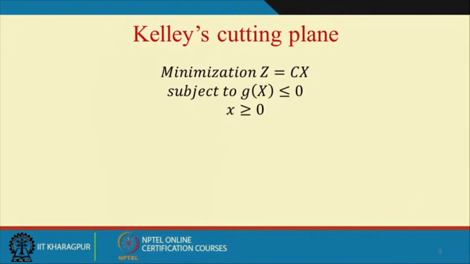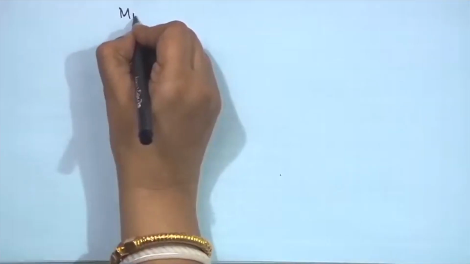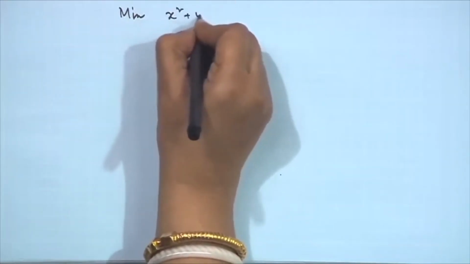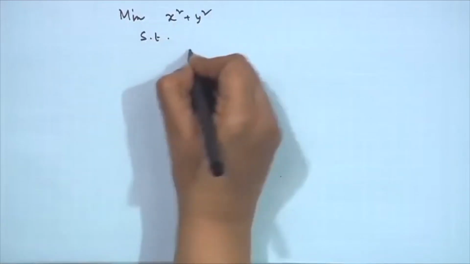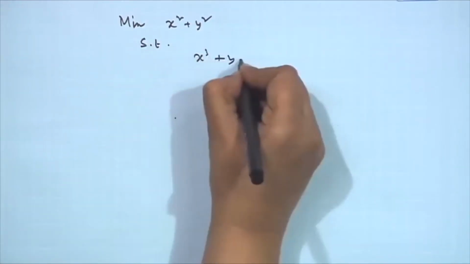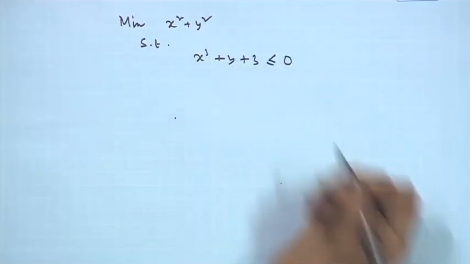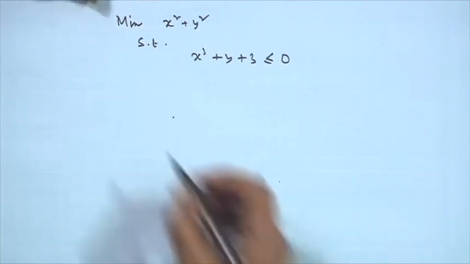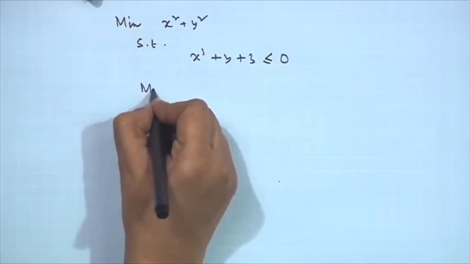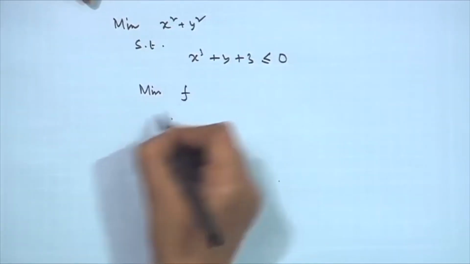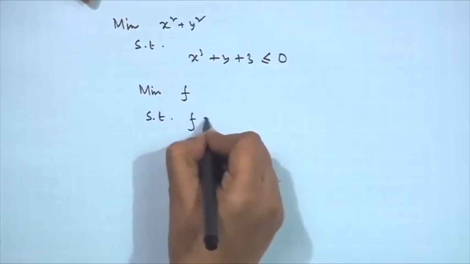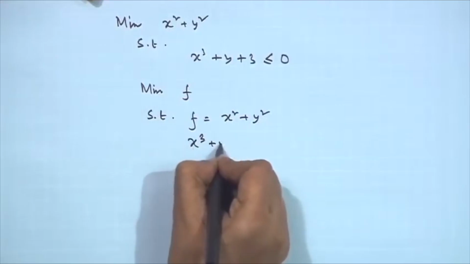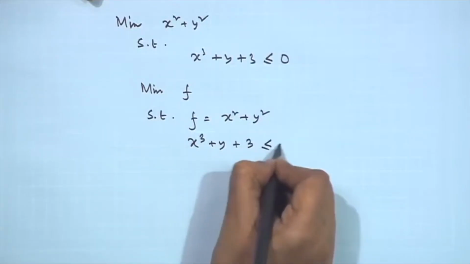Now, if we have a nonlinear objective function, say minimization of x square plus y square subject to x cube plus y plus 3 less than or equal to 0, we can make this a linear function by considering it this way: minimization of f subject to f equal to x square plus y square and x cube plus y plus 3 less than or equal to 0.